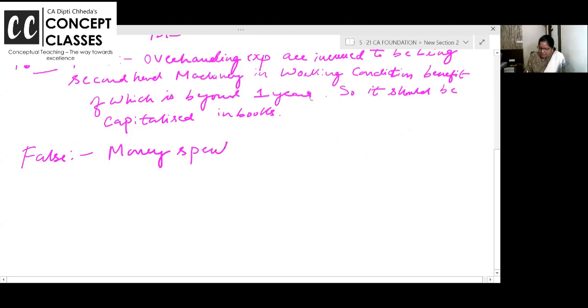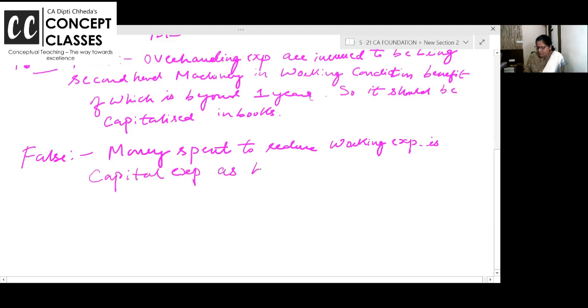Money spent to reduce the working expense is capital expenditure, as benefit is beyond 1 year.